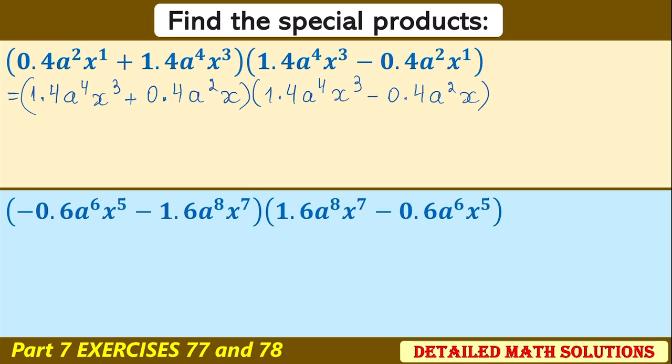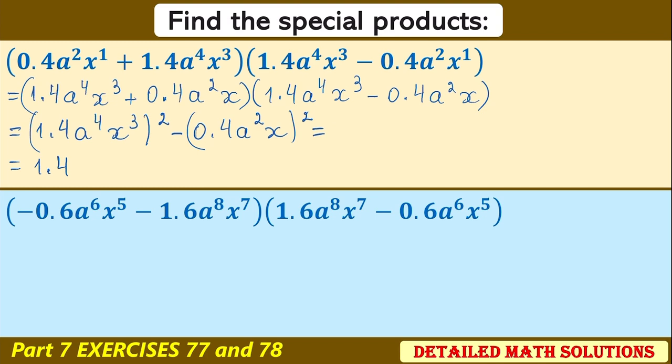And when I use the formula, this will equal (1.4 a to the fourth power x to the third power) squared minus (0.4 a squared x) squared. When I distribute the exponent, I have 1.4 squared (a to the fourth power) squared (x to the third power) squared minus 0.4 squared (a squared) squared x squared.